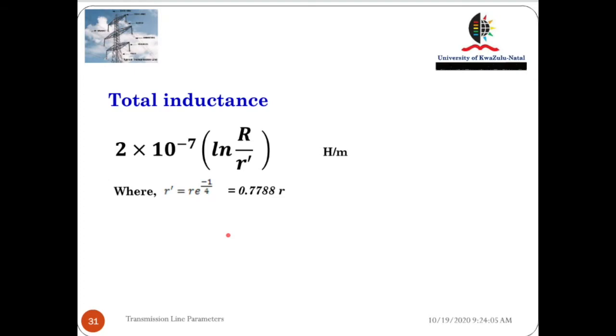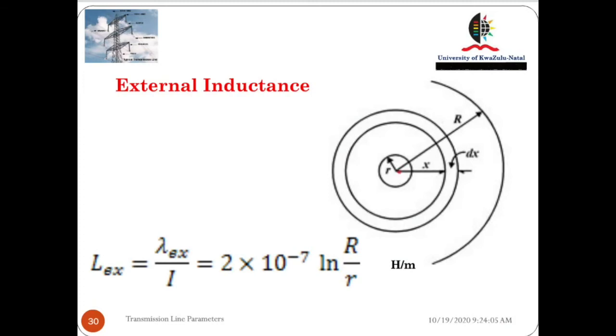Now the distances, first one is the distance of a conductor and all other conductors around; this capital R is the distance. That capital R is the distance, if we go back, from the center of the conductor that is under consideration to a distance where all other conductors are there, and they are causing some flux to be linked with this conductor.